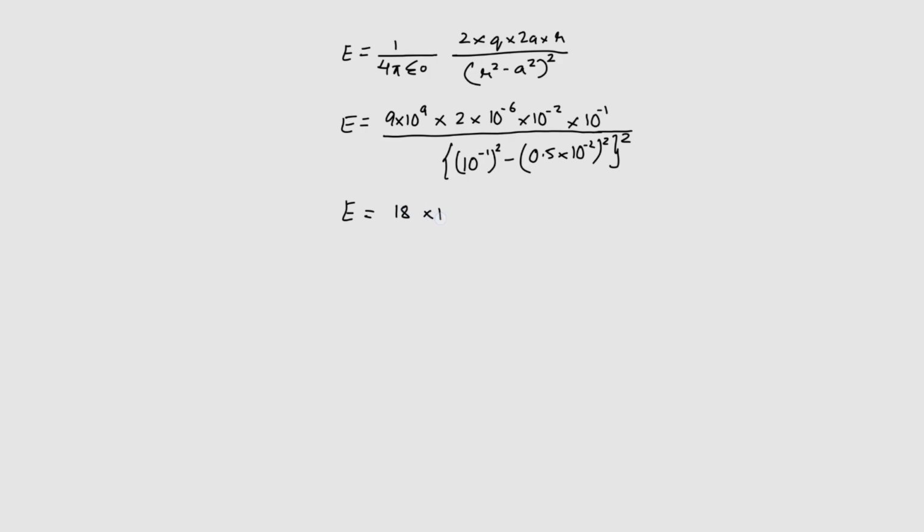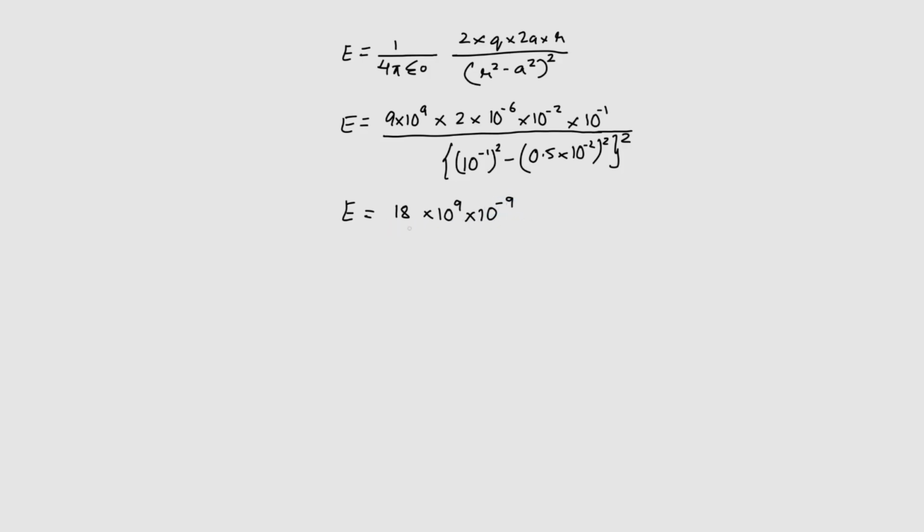In the next line, 2 into 9 gives 18. The unit is 10 to the power 9, and then 10 to the power minus 6 into 10 to the power minus 2 into 10 to the power minus 1. What happens to the power? We add the powers: minus 6 plus minus 2 plus minus 1 gives 10 to the power minus 9.